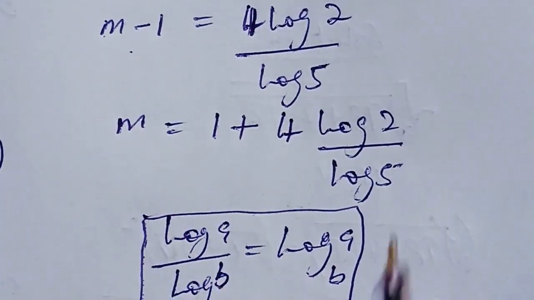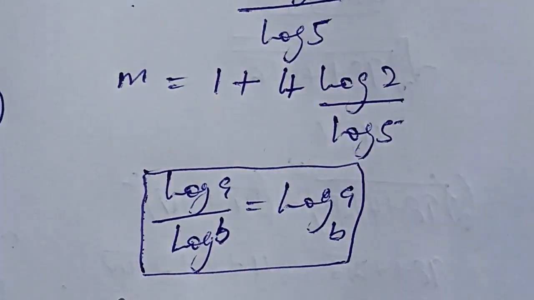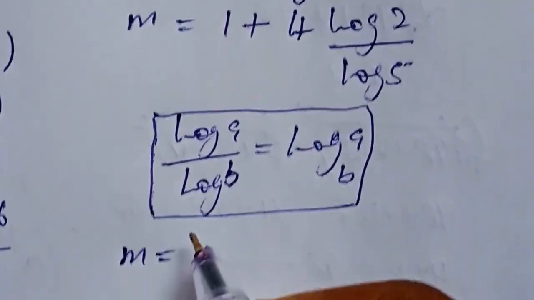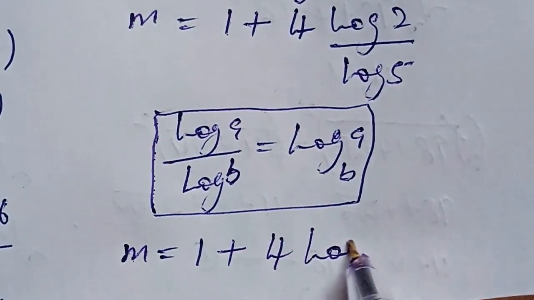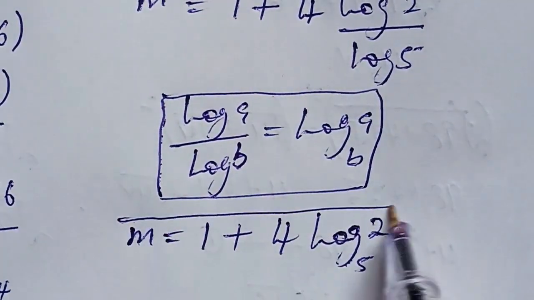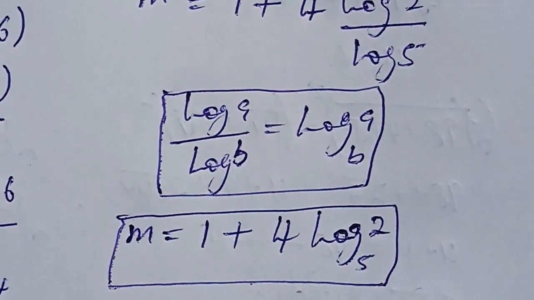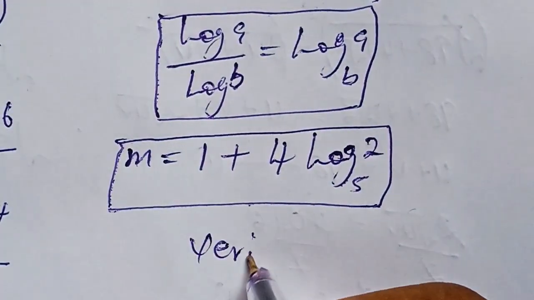So if we consider this identity, we can write this in a simpler form. Then that will become m equal to 1 plus 4 log 2 base of 5. So as simple as that, using the second method. Now let's verify.